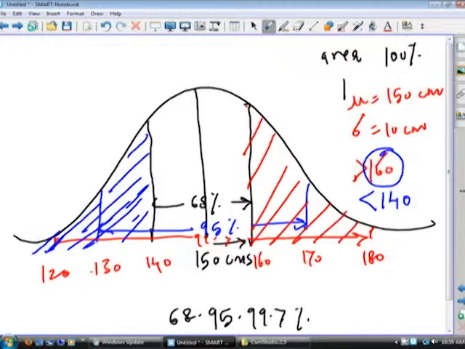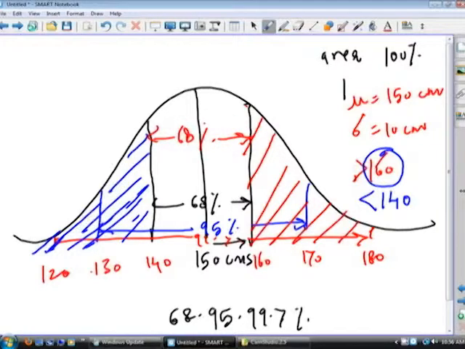So as I told you earlier, this curve is symmetric on both the sides. So the area covered by first standard deviation on either side, like from 140 through 160, is 68%, but we also know that the curve is symmetric.